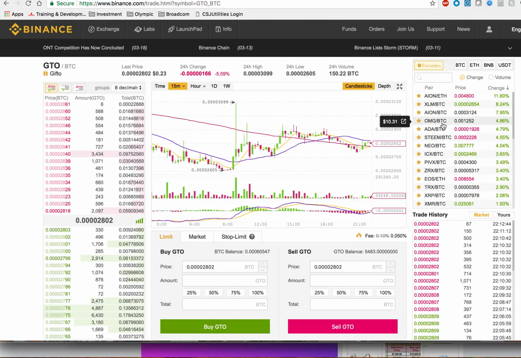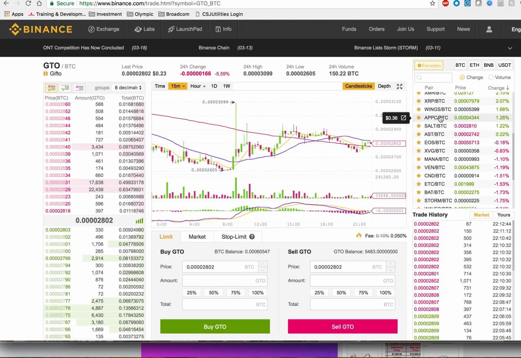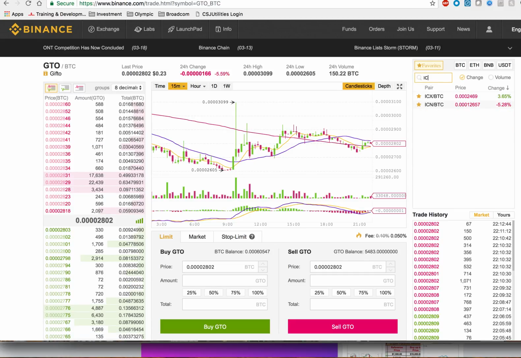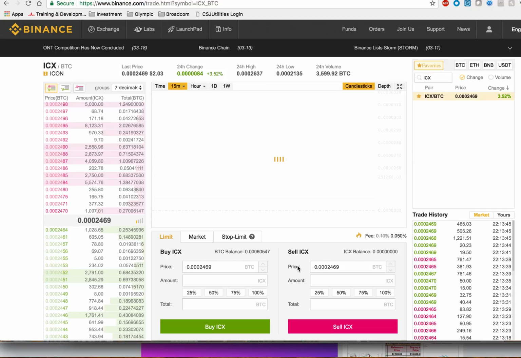So this is an easy way to find your currency pair which you are planning to trade. Otherwise, you can always search here. For example, we said ICX. As soon as you write ICX, it will give you this pair, and when you click it, this whole screen will update, and now you will be able to buy or sell ICX against Bitcoin.